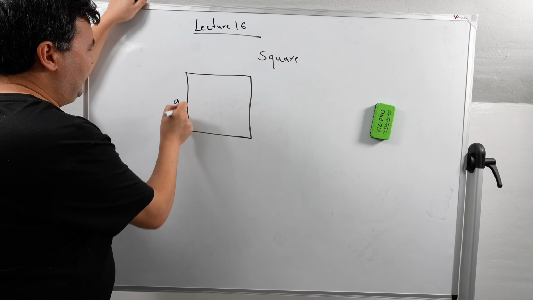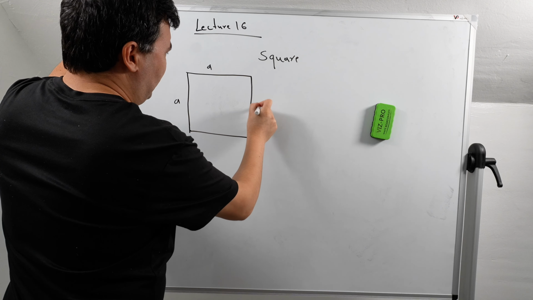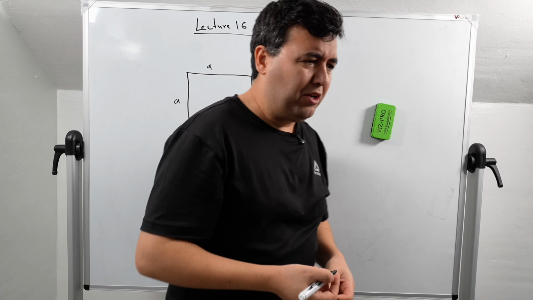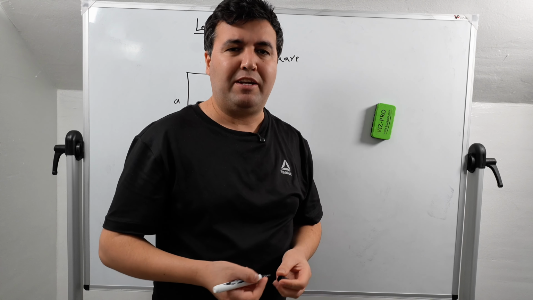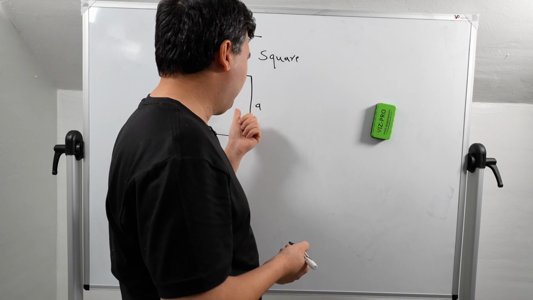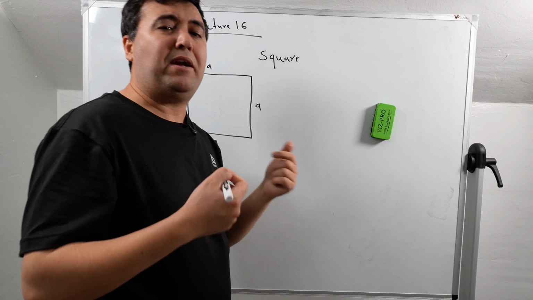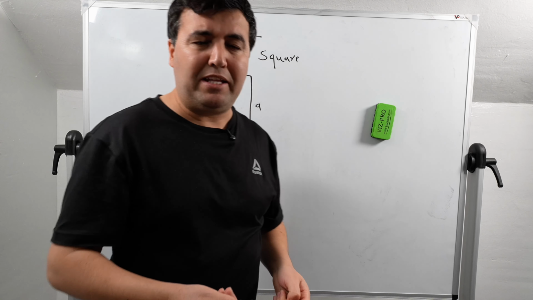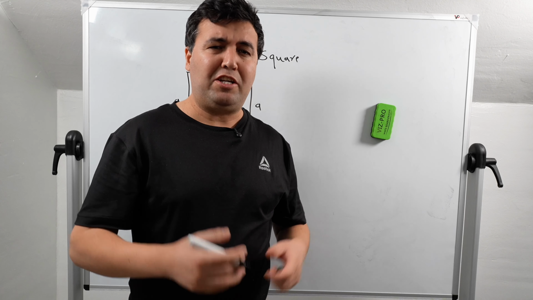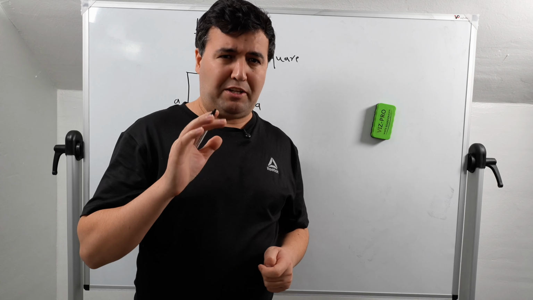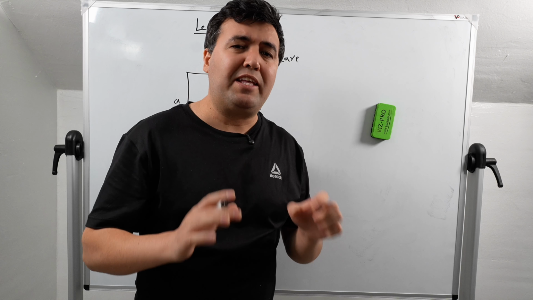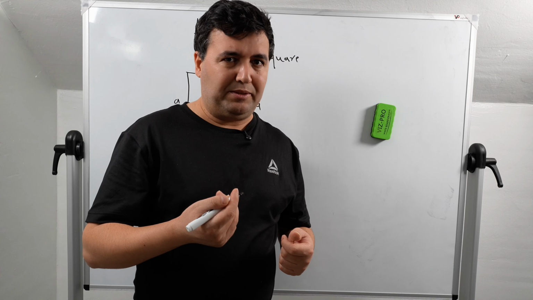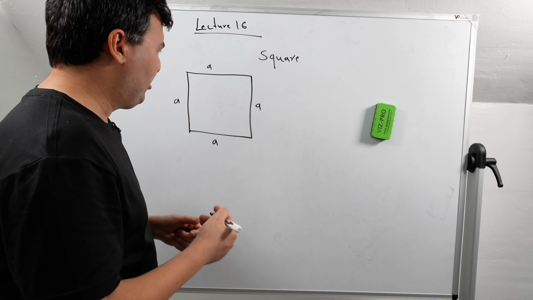If this side is A, then this side is also A, and this side is also A, and this side is also A. If someone asks you to write a C++ program which calculates the area and also the perimeter of the square, can you implement this program? Just for a moment, pause this video and go write that program. If you don't know the formula of the square, I can give it to you, or you can also Google it.